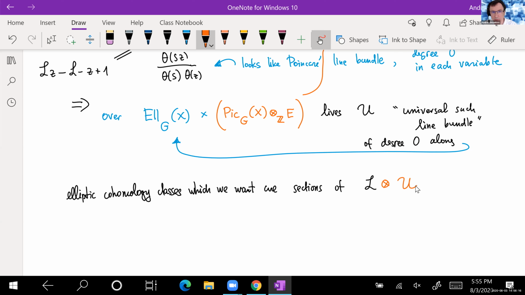At least we want to tensor with that universal, with that U. That makes sense?